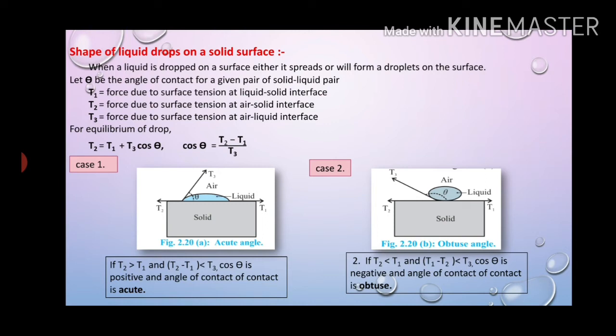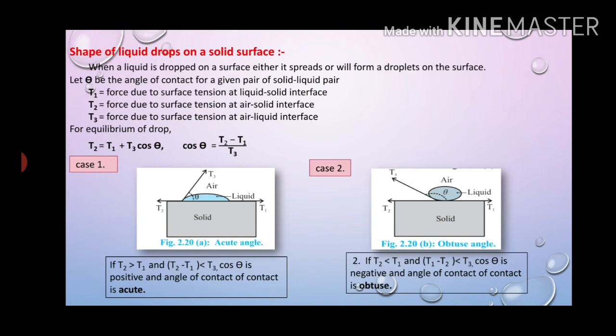Let theta be the angle of contact for a given pair of solid and liquid. In the diagram you can see T1, T2 and T3. These are the forces due to the surface tension. You have to remember that the liquid is in contact with two types of medium, air and solid. The liquid drop is on the solid, therefore the liquid-solid interface will come.